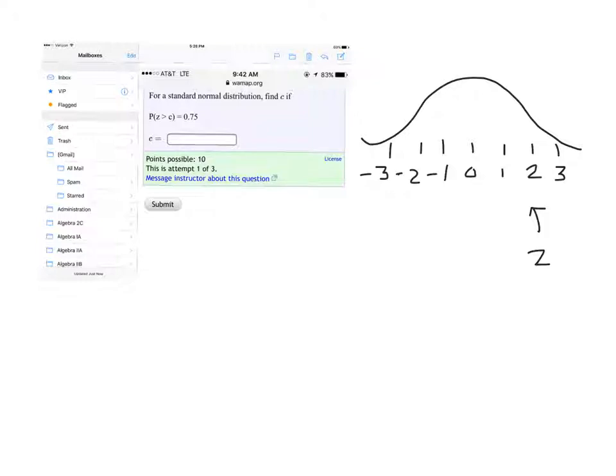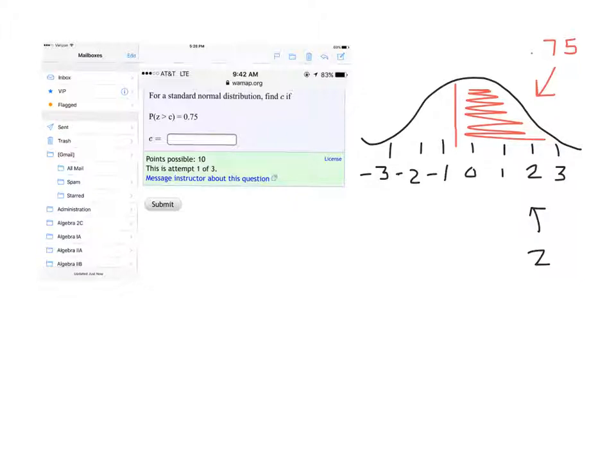So somewhere, and I just happen to know that it's somewhere in between 0 and -1, but you'll see why. Somewhere on this standard normal curve, there is a z-score that has an area above it equal to 0.75.